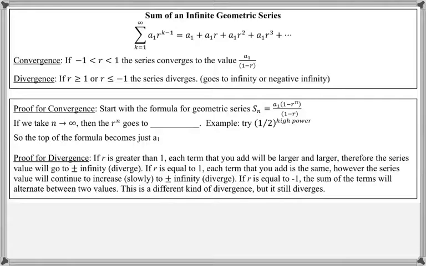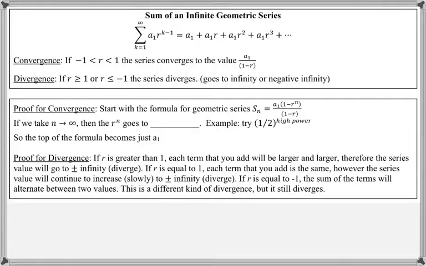So if you have a graph with an asymptote and you're going as far as you can to the right, even though you're going to infinity, it could be approaching an asymptote, which means it's approaching that specific value. So it's a similar concept here. And this will happen when r is between -1 and 1. So if it's like a decimal or a fraction.